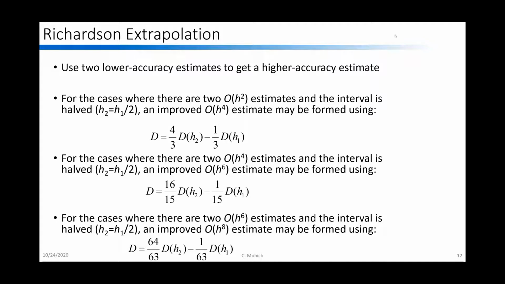So just as before, if I take 2 order h squared estimates, this would be either the second order forward finite difference or second order backwards finite difference, and I cut the spacing in half, so I cut h in 2, I can estimate the derivative by 4/3 my derivative of h2 minus 1/3 the derivative of h1.